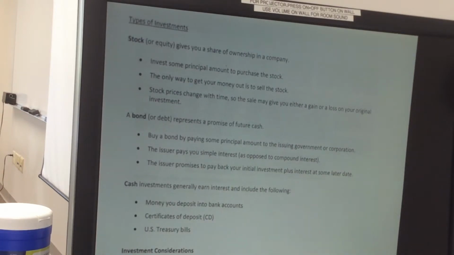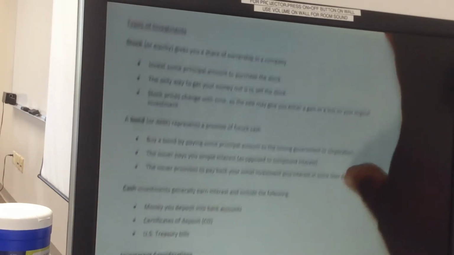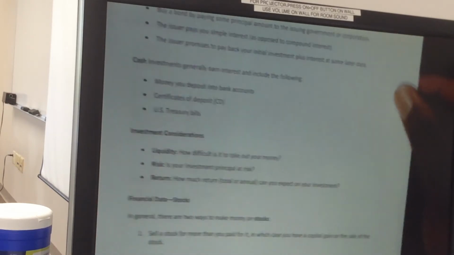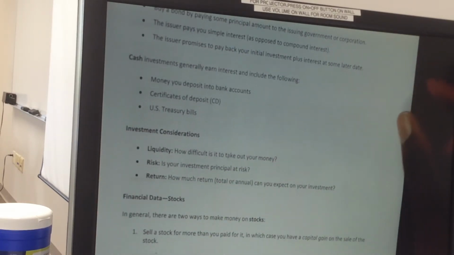Okay. And then when you do cash investments, those generally earn interest and include the following. Money you deposit into bank accounts do earn interest. Certificates of deposits and U.S. Treasury bills. Okay. Now, here's some investment considerations. One is liquidity. How difficult is it to take out your money?